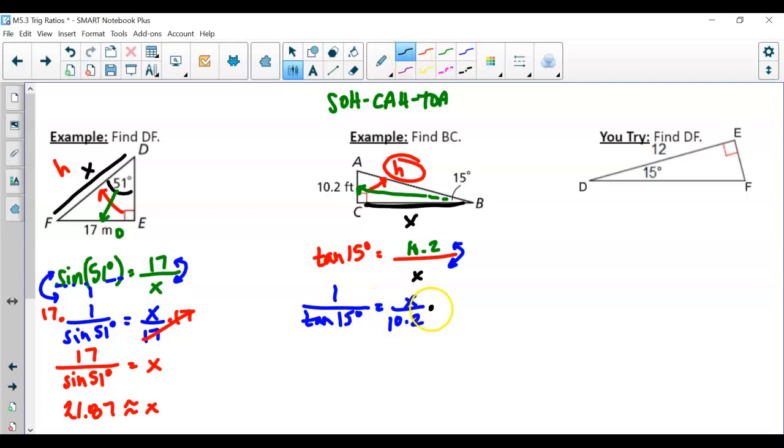So now when you multiply, because x is being divided, you end up multiplying here 10.2 times 1, which is 10.2, divided by tangent of 15 degrees.